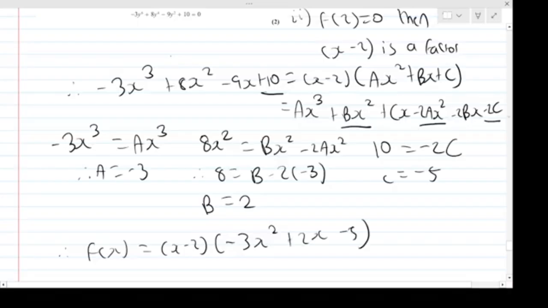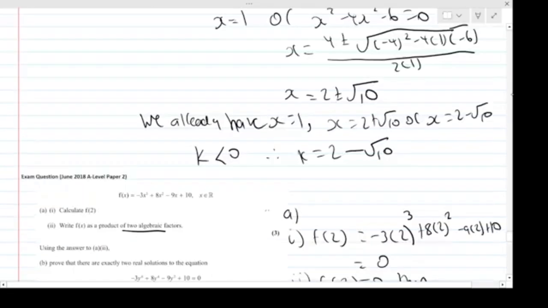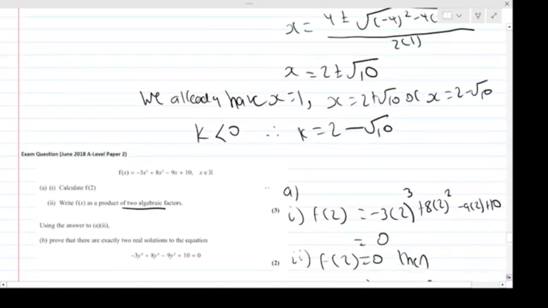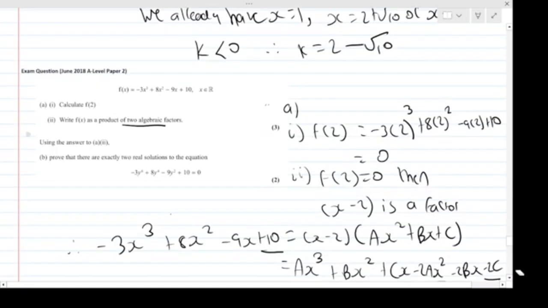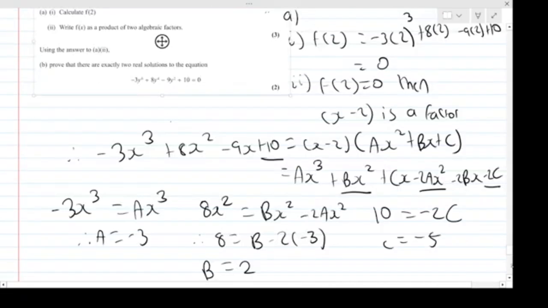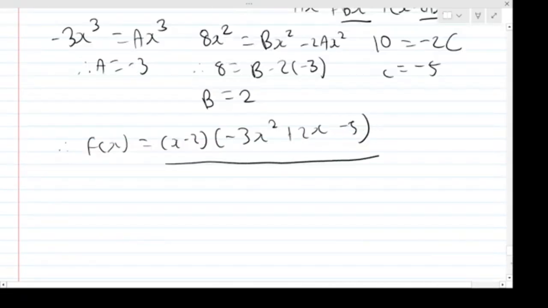There we are, so those are the factors. Now, do we need to factorise any further with the quadratic? No, because it said the product of two algebraic factors. So we're completely fine. We don't need to simplify it anymore. These are two factors, which is what the question asked. So there we are. Cool.